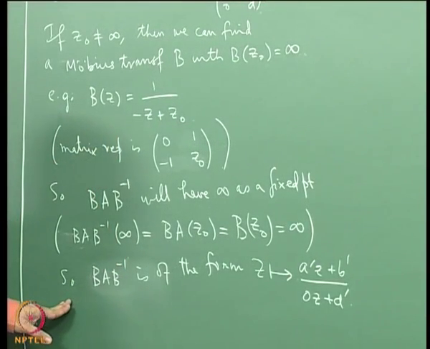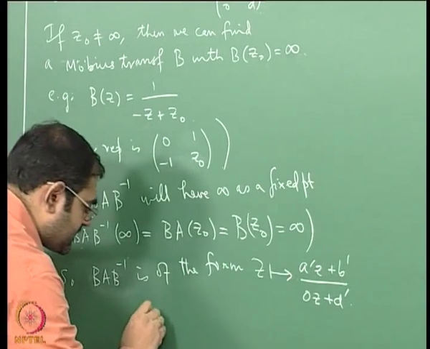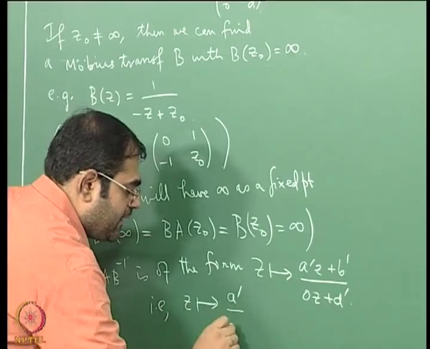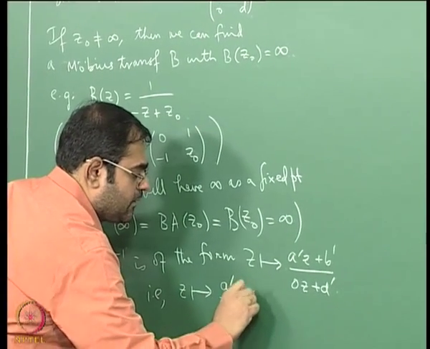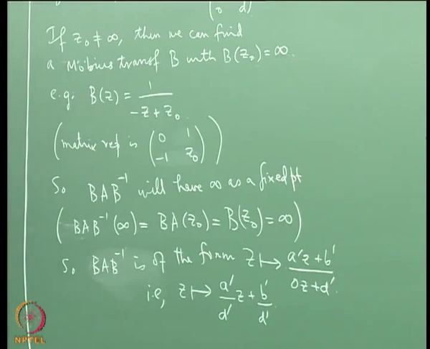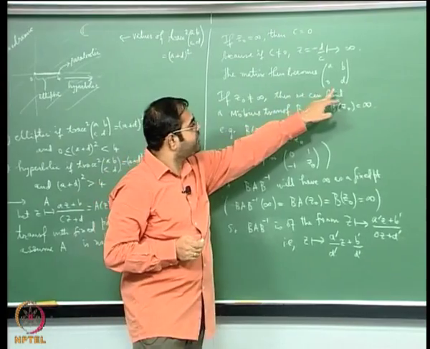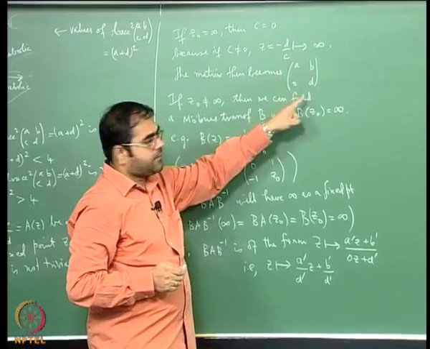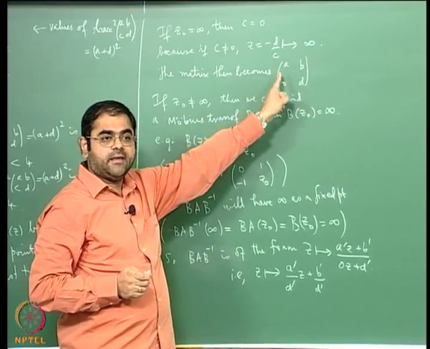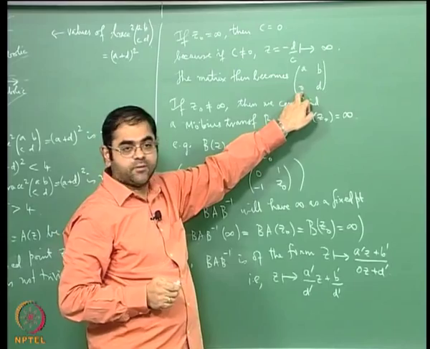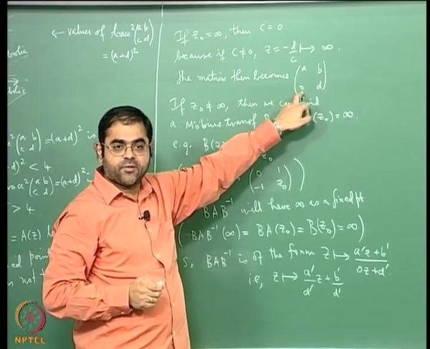Now you see, this is just Z going to A prime by D prime Z plus B prime by D prime, okay, and notice that D is not 0, because AD minus BC is 1, and since C is 0, AD is 1, so D is not 0, mind you.